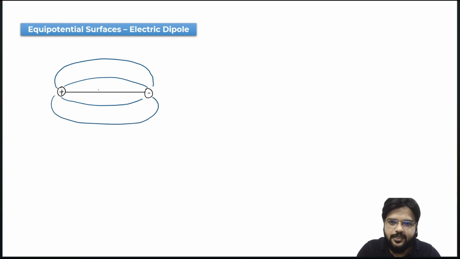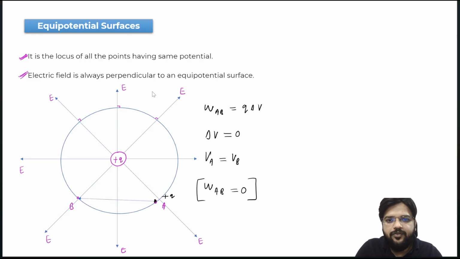These are electric field lines, everyone. Correct? Now we want the equipotential surface for this electric dipole, and we know one thing: electric field and equipotential surface are both perpendicular. So the electric field is always perpendicular to the equipotential surface. So this thing we know is correct.